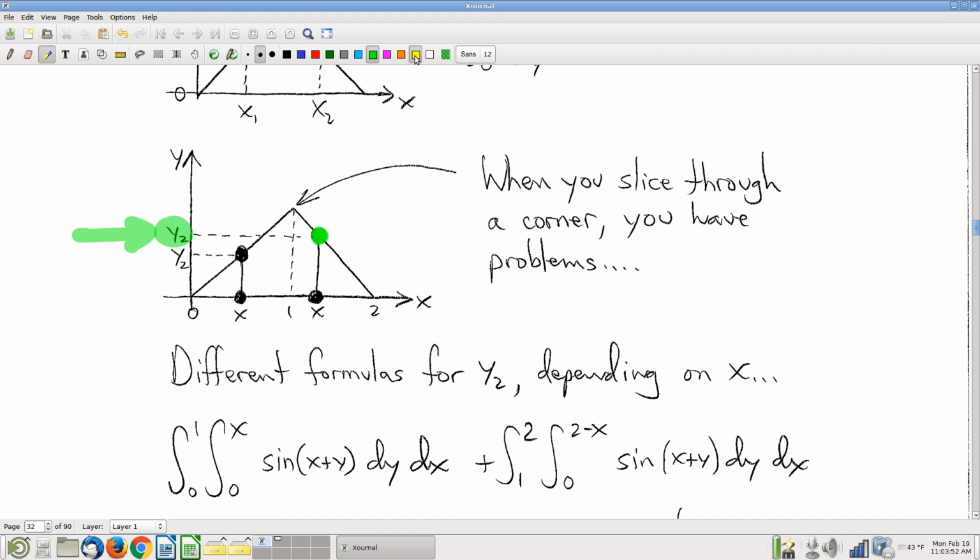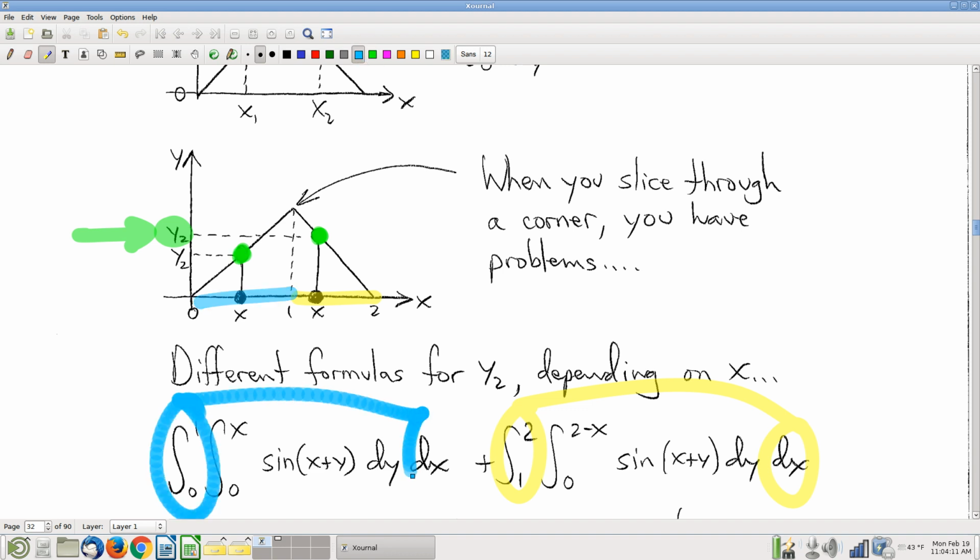Well, it's that point for these values of x, when x is between 1 and 2. Right? But unfortunately, it's that point, green. It's that point for these values of x between 0 and 1. So there's a temptation to say, x goes from 0 to 2, and then the y bounds are whatever the y bounds are. It doesn't work like that in this situation, right?